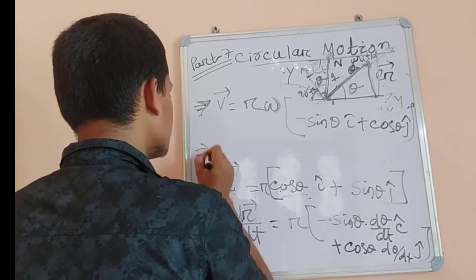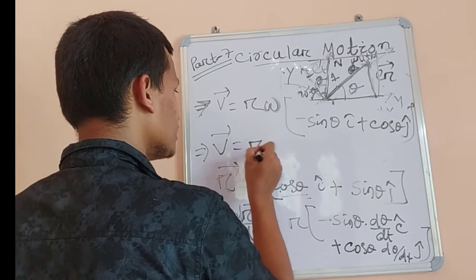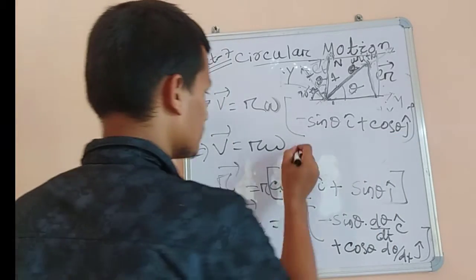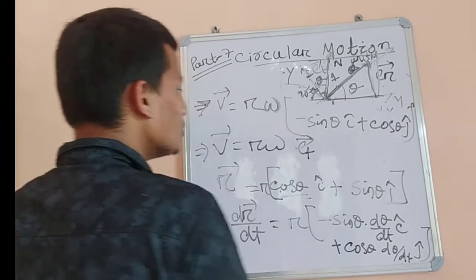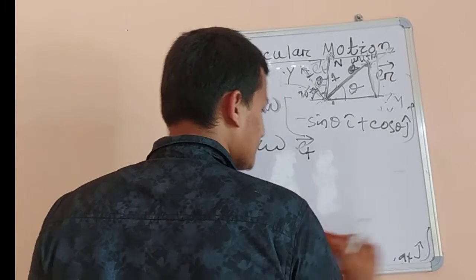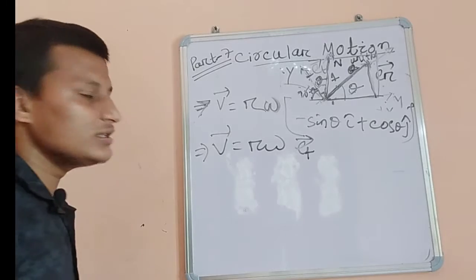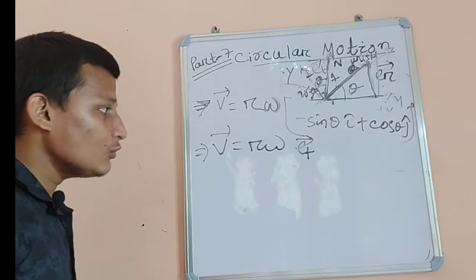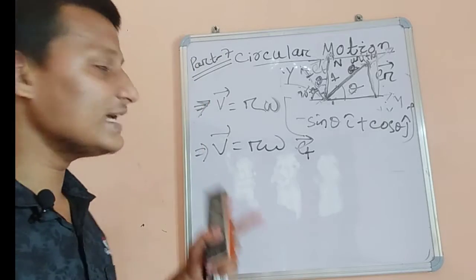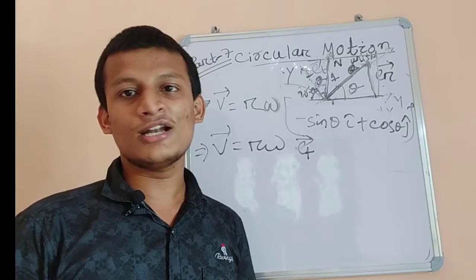So v vector equals r omega times this vector, which is our tangential vector, et vector. From this expression we know that the direction of velocity is along the tangential direction.